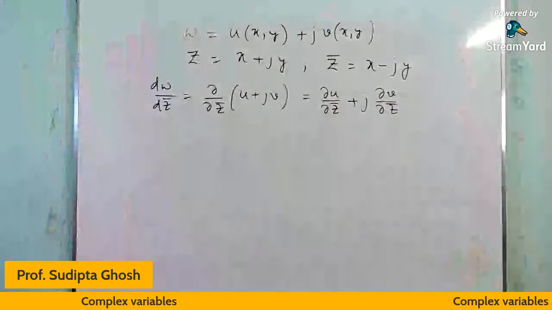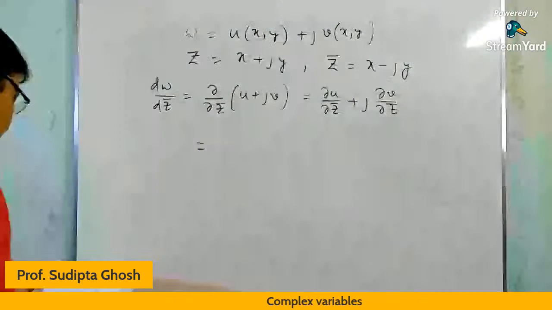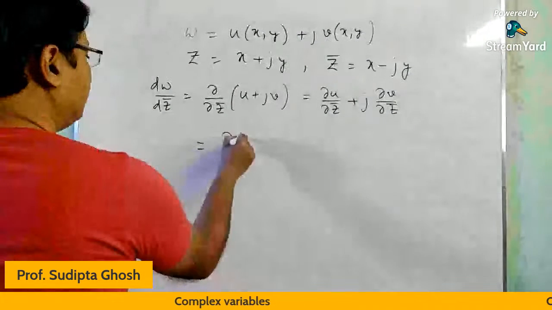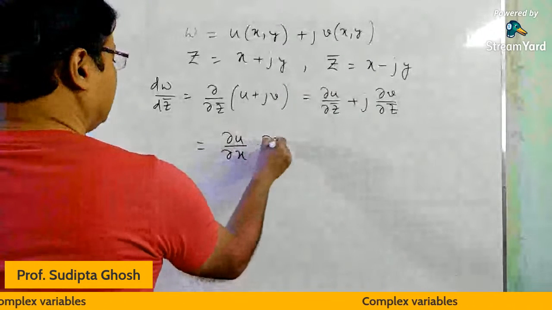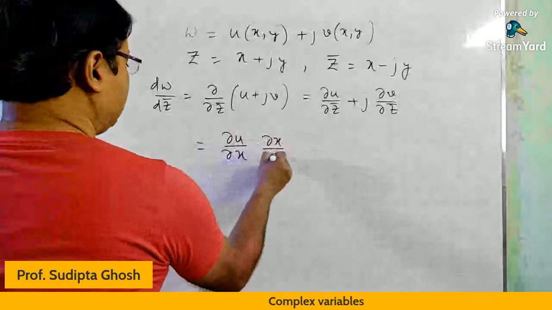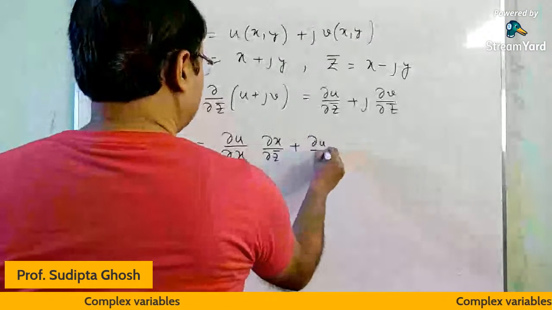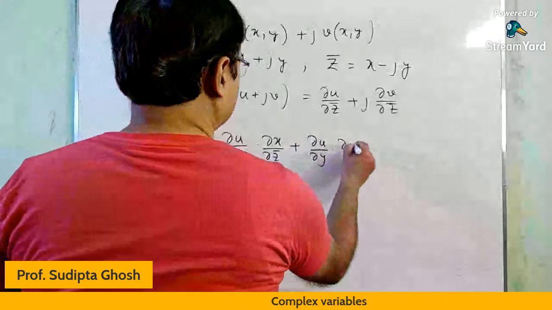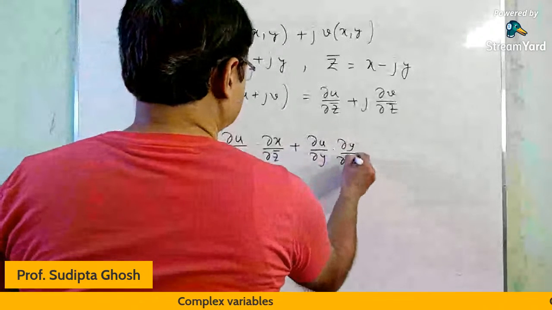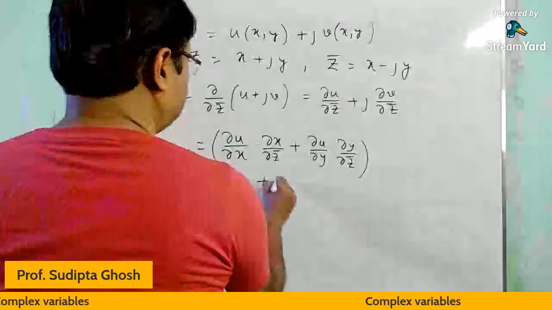So it will be ∂/∂z prime, and it will be ∂u/∂z prime plus j ∂v/∂z prime. Then ∂u/∂z prime can be written as ∂u/∂x times ∂x/∂z prime plus ∂u/∂y times ∂y/∂z prime.